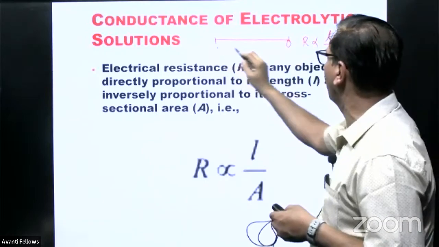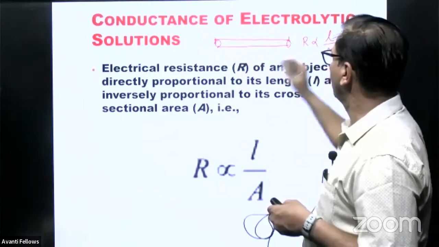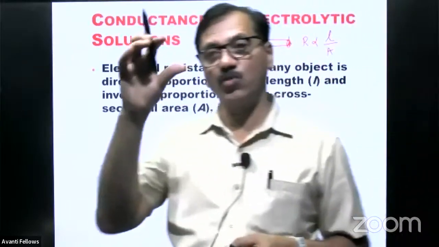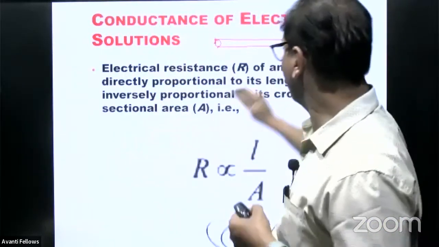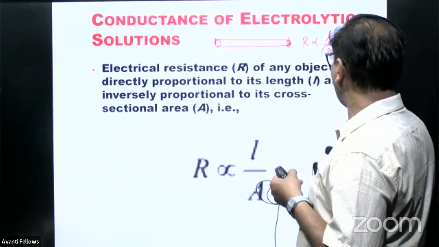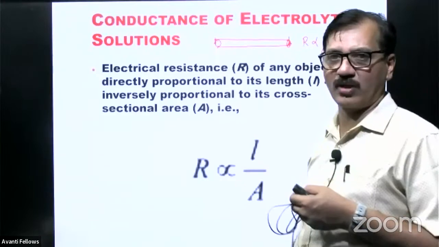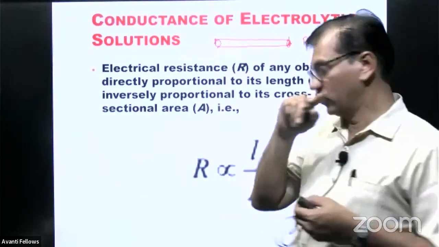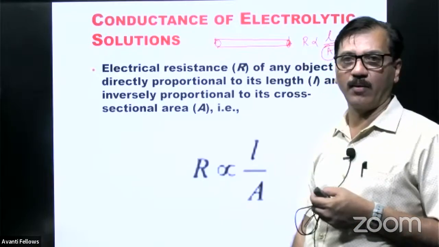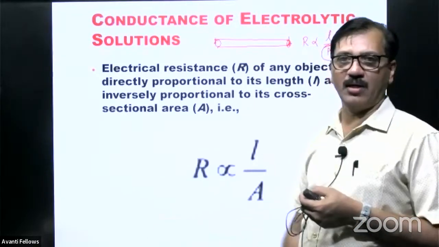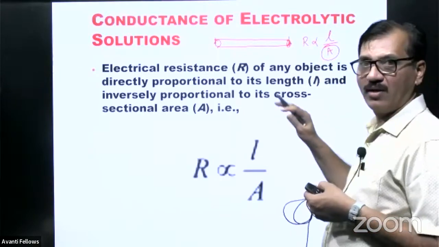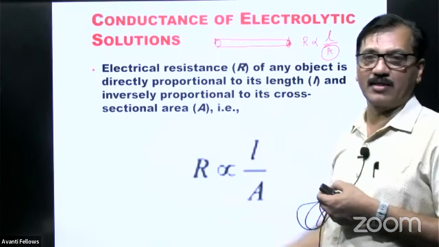Suppose it is a wire of this kind; here is the cross sectional area. If the cross sectional area is more, the conduction is more and the resistance is less. That means resistance is inversely proportional to the area of cross section, and directly proportional to length. So we take the reciprocal way to define conductance and conductivity.